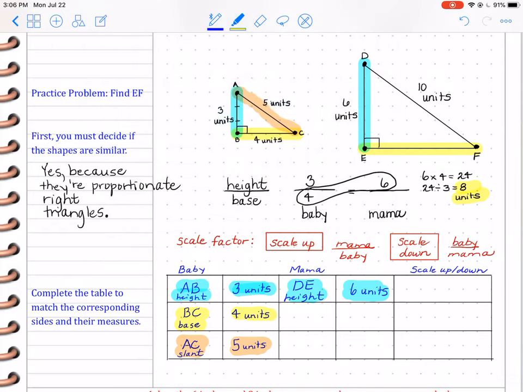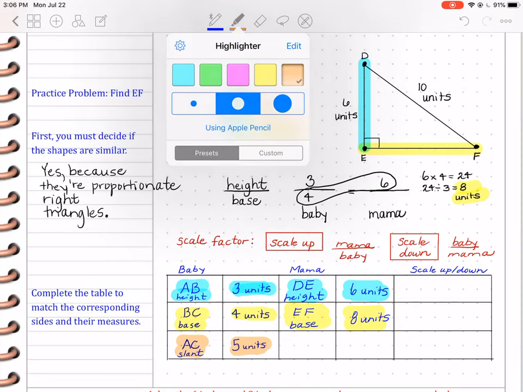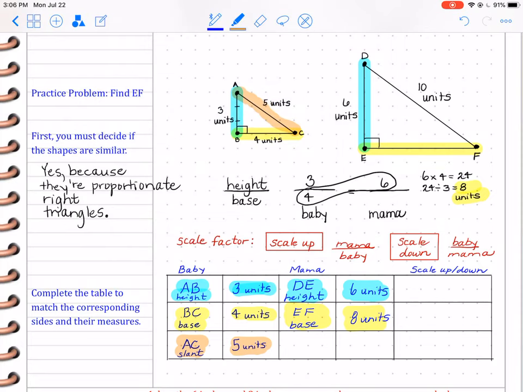So looking at Mama's base, her backside, what she's sitting on, let's get these two. The side is E to F, and the dimension we found to be 8 units. And then Mama's slant, let me highlight that for you right here, from D to F, is 10 units.